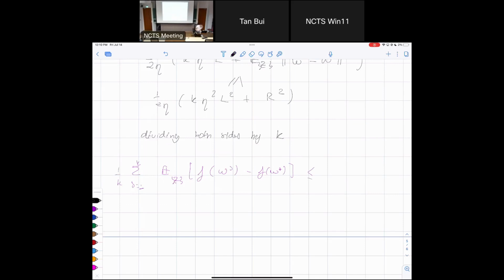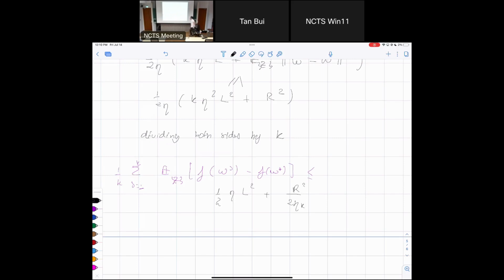So we have one half of eta L squared, that's the first term. The second term is one half of eta K times R squared. That's very nice now.